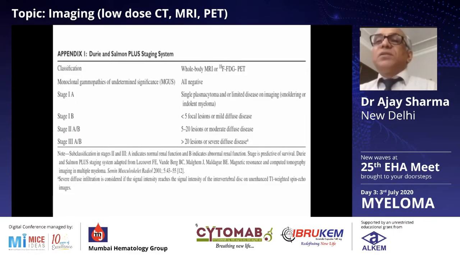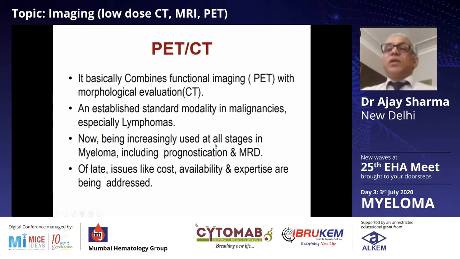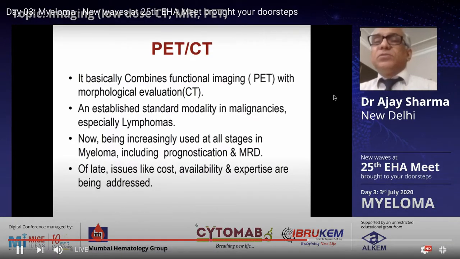Because of these definitions of the lesions that can be involved in myeloma, the Durie-Salmon staging system was modified to incorporate these imaging criteria as the Durie-Salmon Plus staging system, where with the presence of focal lesions, if they were less than 5, it was stage 1, between 5 to 20 stage 2, and more than 20 stage 3, just to quantify the extent of the bone disease in these patients, in comparison to the clinical staging, which can guide us to see the progression of the disease and the response to the therapy.